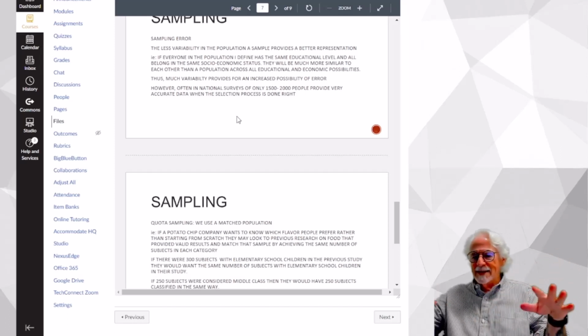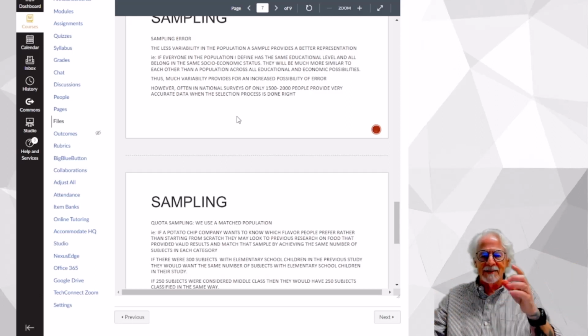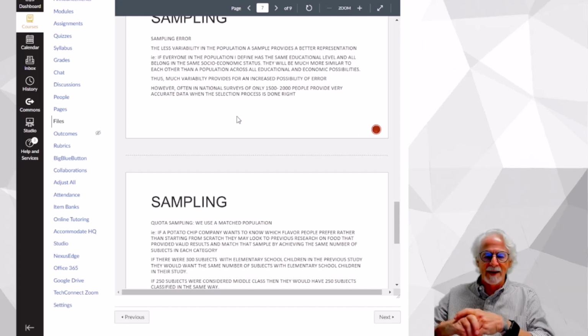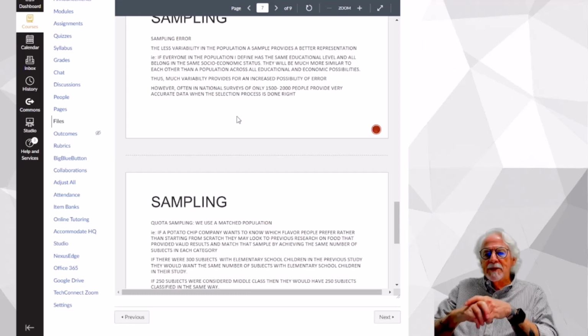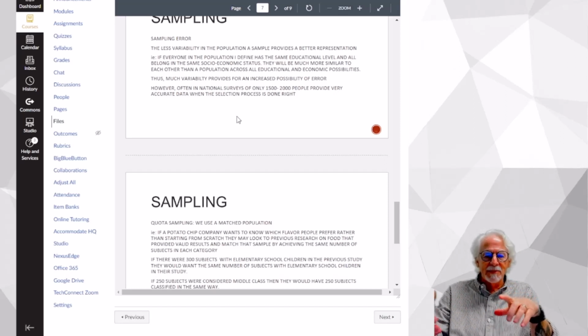They have all these commonalities, so they're much more similar. There's not that much variability in that population, whereas in reality, our population of Stockton is a wide variety. Those people in the first community have a lot more in common, and that makes it easier. When you pick your sample, it's more than likely they're going to represent the rest of the population.